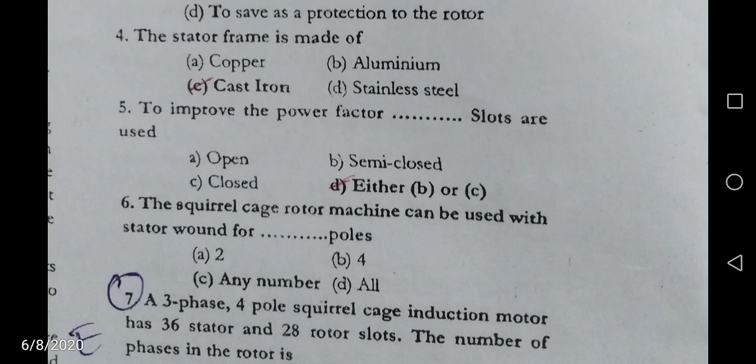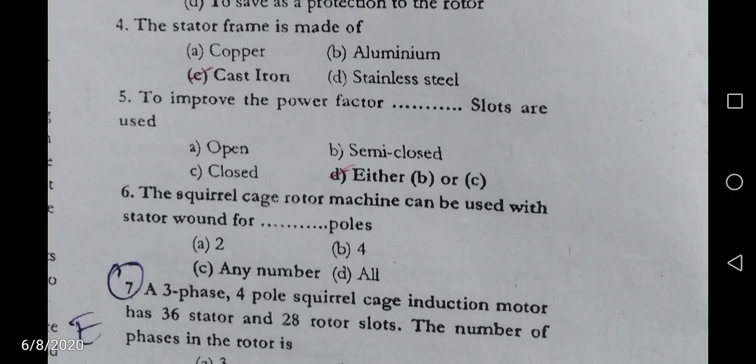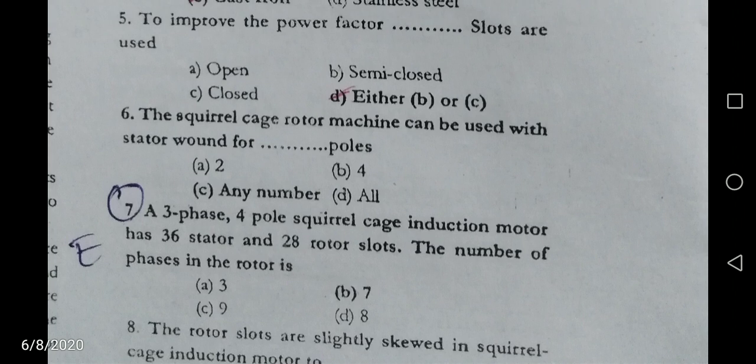Seventh one: a 3-phase 4-pole squirrel cage induction motor has 36 stator slots and 28 rotor slots. The number of rotor phases is equal to the number of rotor slots under one pole.